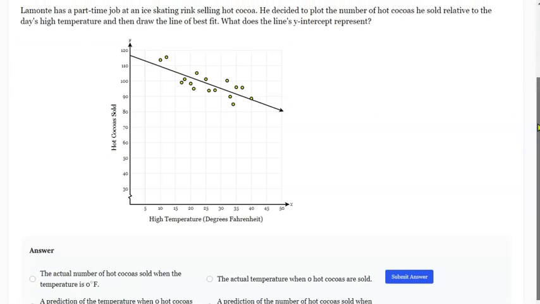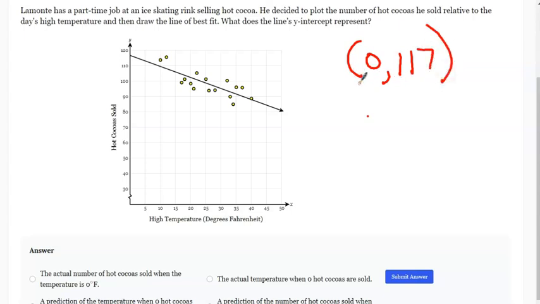Lamont has a part-time job at an ice skating rink selling hot cocoa. What does the line's y-intercept represent? So the y-intercept is here. It would be this value of approximately, it looks a little past 115, maybe 117-ish.